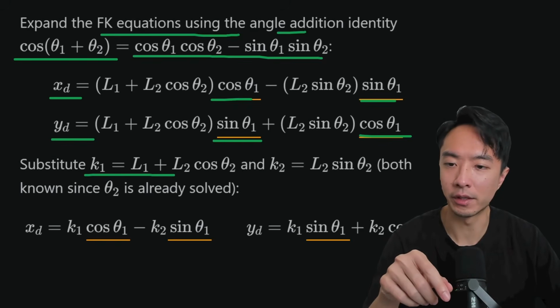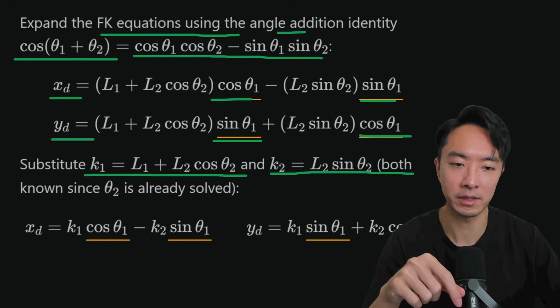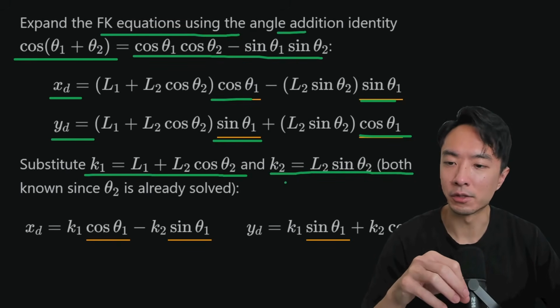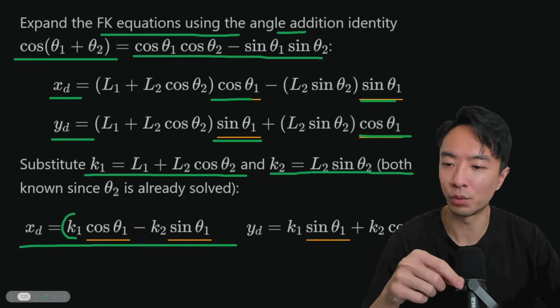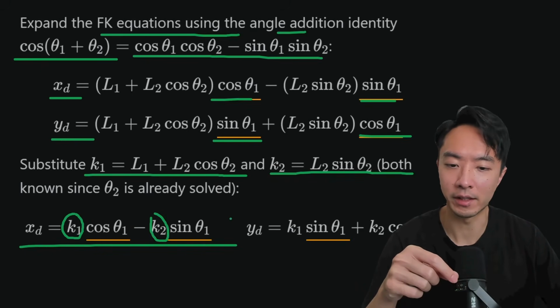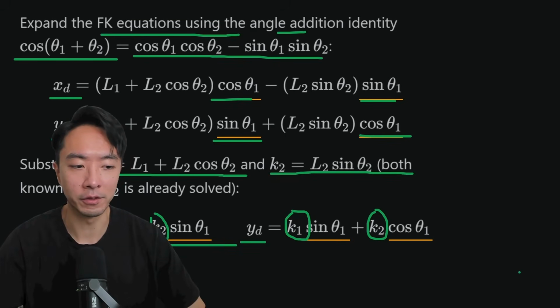We have k1 equals L1 plus L2 cosine theta 2, and k2 equals L2 sine of theta 2. Since we already know theta 2, we can plug it in. So we have xd as a function of k1 and k2, and the same thing with yd. These are our different expressions.